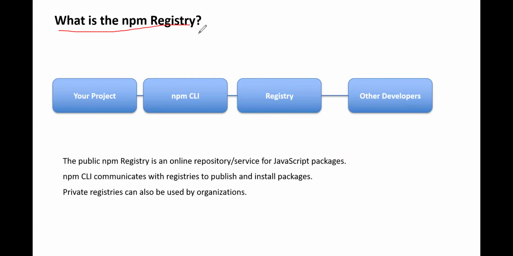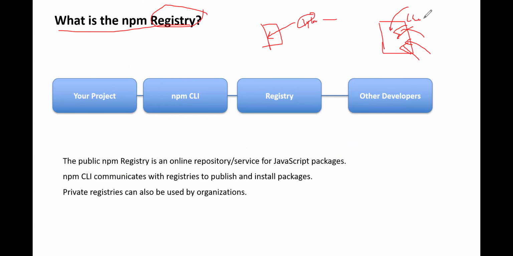What is the NPM registry? The NPM registry is like a bank where we have different types of currencies like 10 rupees, 100 rupees, and so on. In the same way, in the NPM registry we have all types of packages, like chalk, Express, and Expo. All these packages are there, and this is called the NPM registry.